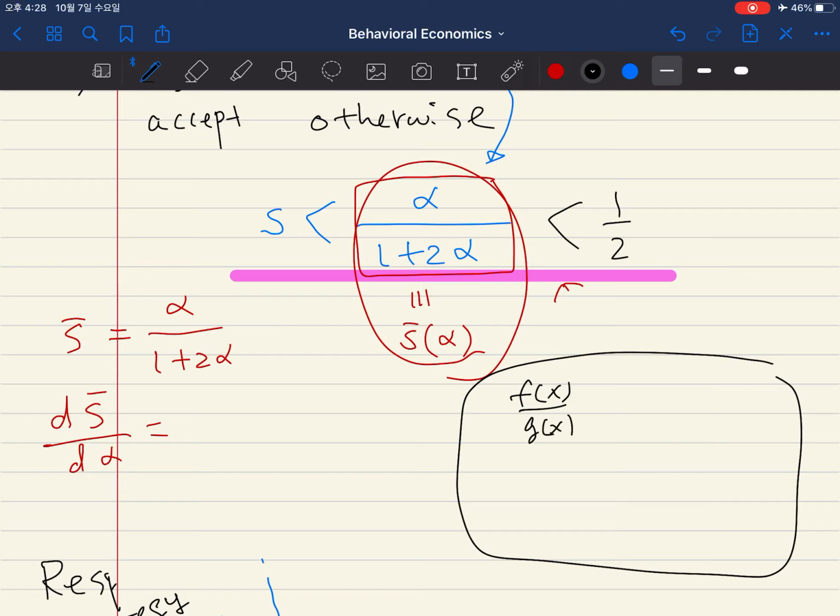If there is a fraction, and in the denominator and numerator you have a function, and you want to take the derivative of this kind of fraction, then the rule is: you square the denominator, and take the derivative of the numerator and multiply by the denominator, minus the numerator times the derivative of the denominator. So this is the rule of differentiation. We're gonna use this rule.